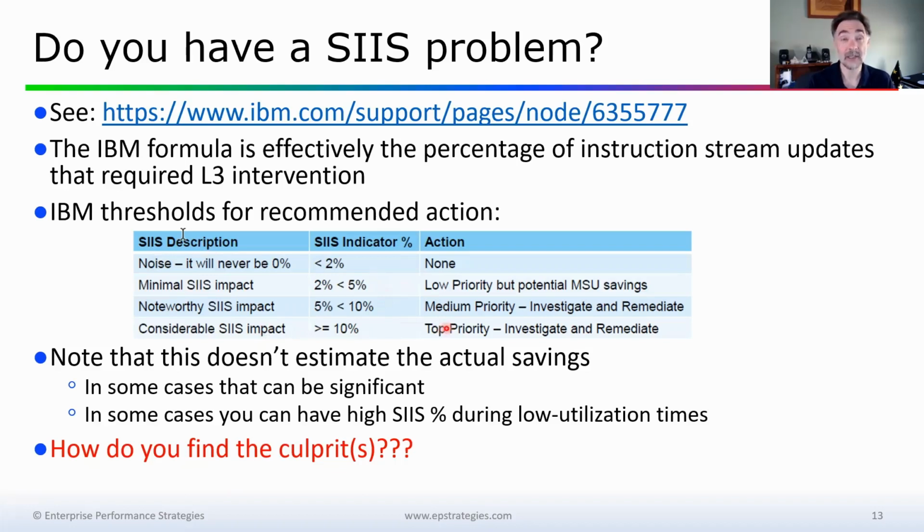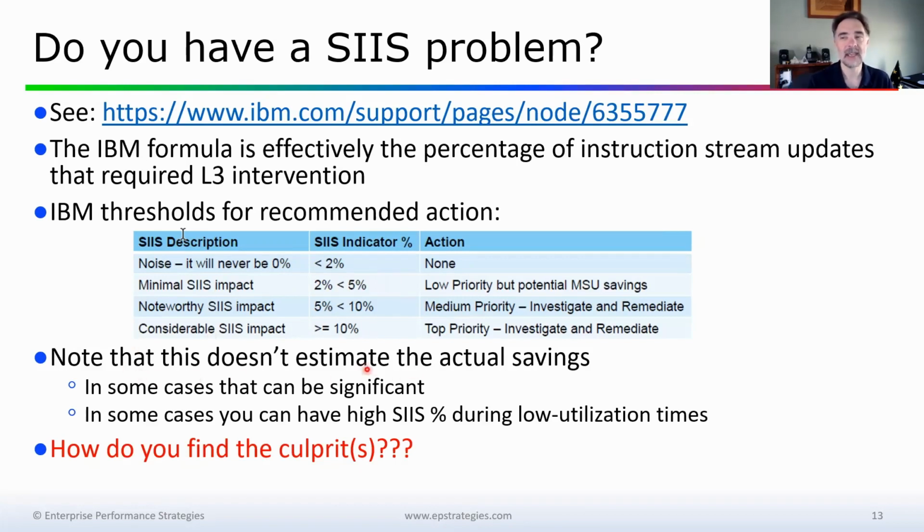You should really take a look at this. This is significant or considerable overhead. And between 5 and 10% was noteworthy SIS impact, and you might want to investigate and remediate that on a medium priority basis. Below that, it's kind of immaterial is what they are saying here.